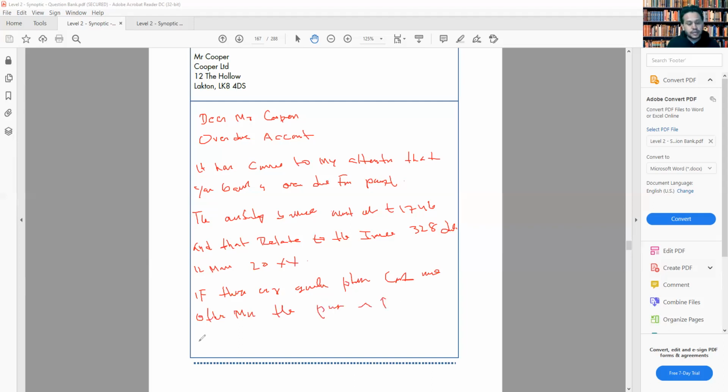And after that, I'm going to write the name, Paul, and the finance manager. That's how we can write the letter, and that will give us some marks because we need to know how to reply with an email if that balance is due from the customer. So this is basically what you have to do if this type of question comes in the exam for your synoptic paper.